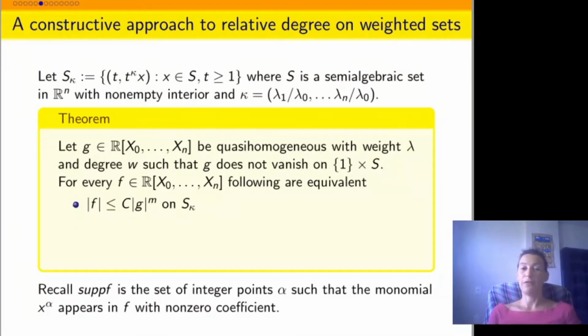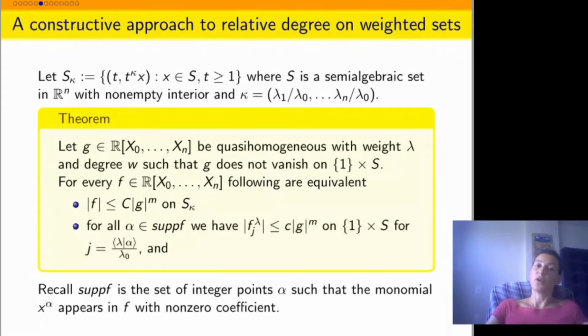For every f, the following two conditions are equivalent. f is less or equal than g to the power m up to a constant on S kappa, and so this is the inequality that we want. So what's the equivalent condition? An equivalent condition being constructive for all points in the support of f, where the support of f are all the lattice points such that the monomials with such an exponent in f have non-zero coefficient.